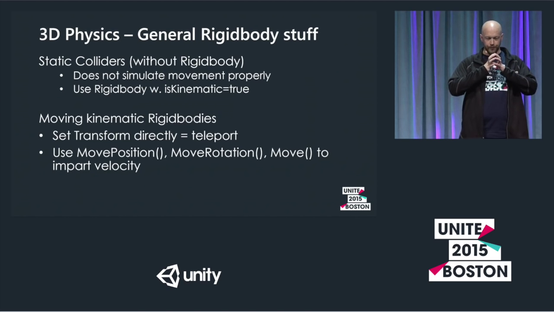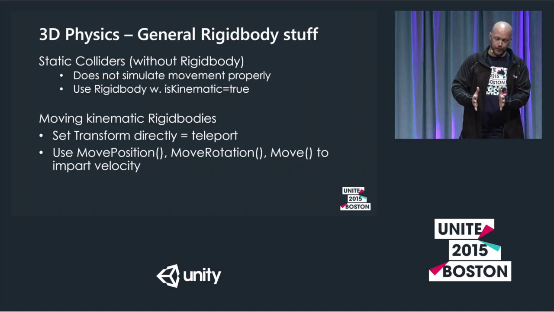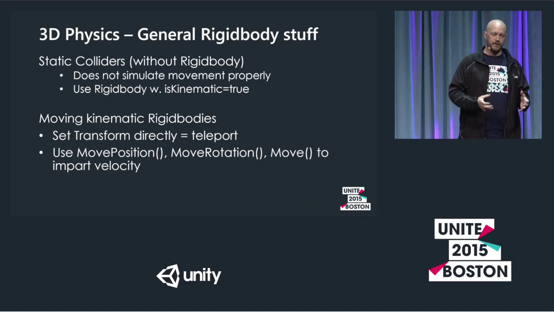However, when you want to move your kinematic bodies just a little bit, you should use the move position, move rotation, or move functions, because these functions actually tell the rest of the physics system that the object is moving. So imagine you have some kind of platform. People have that sometimes. And then you have a small box on your platform, and then you are moving the platform.